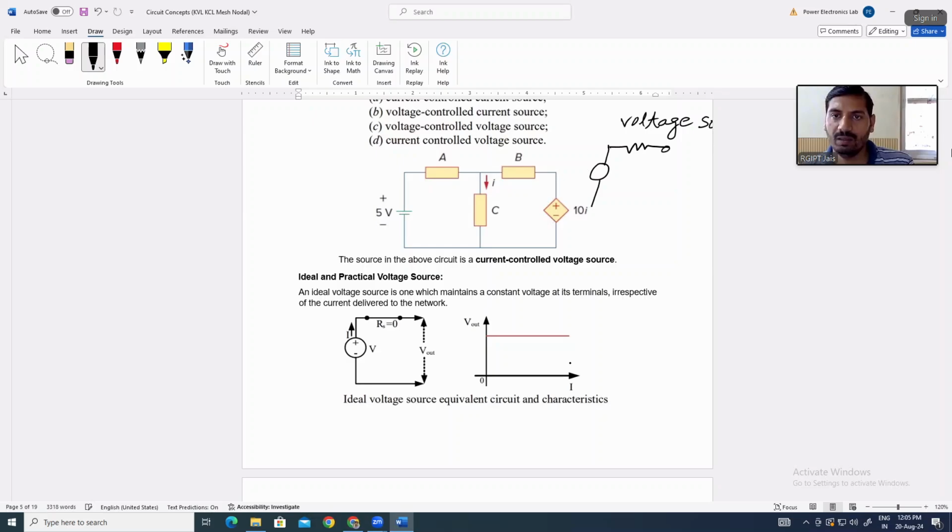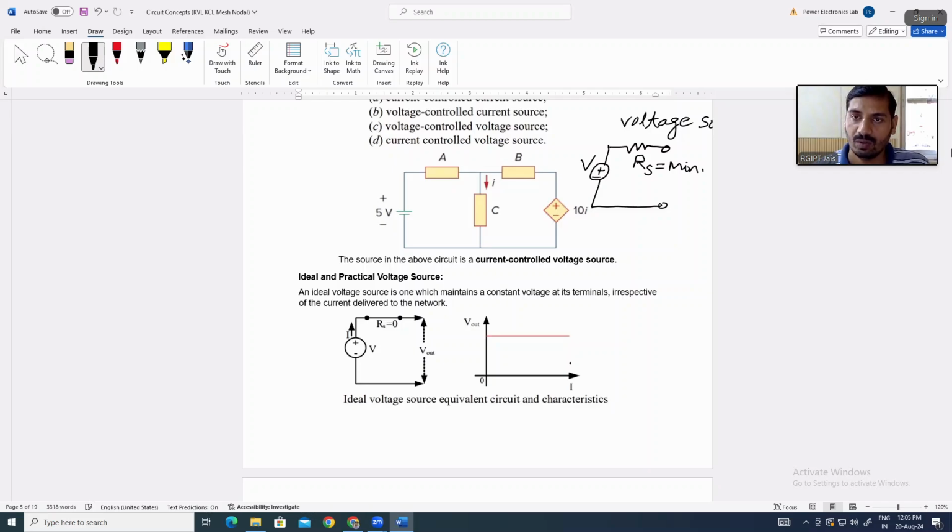There will be a series resistance that is called the internal resistance of the voltage source, and this will be V. And across the terminals of the voltage source we can connect a load. In a practical voltage source, this RS value will be minimum, because it is connected in series with the voltage source.